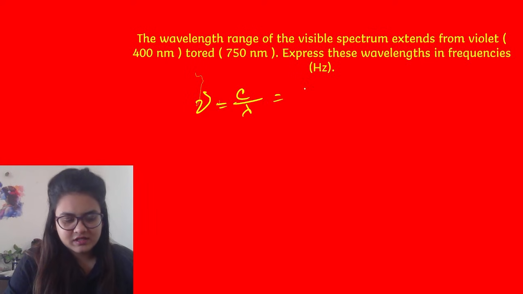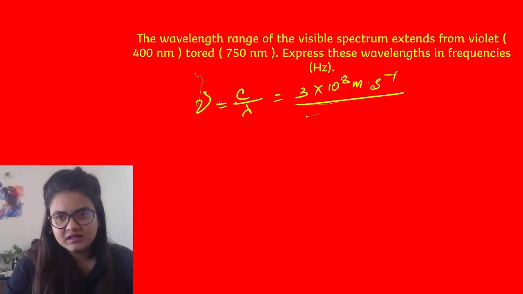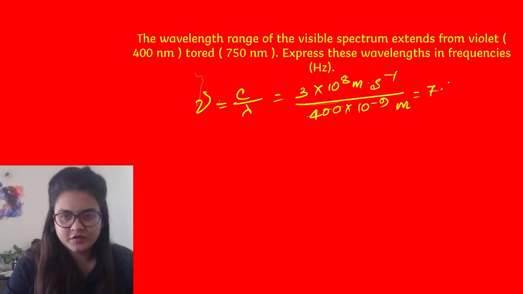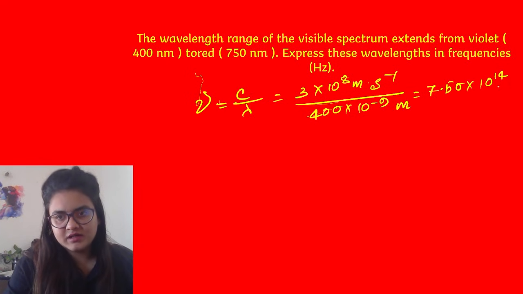Here, 3 into 10 power 8 meter per second divided by, they are saying it extends from violet, which means 400 nanometer, so 400 into 10 power minus 9 meter. If you calculate this, it will come up to be something like 7.50 into 10 power 14 hertz.